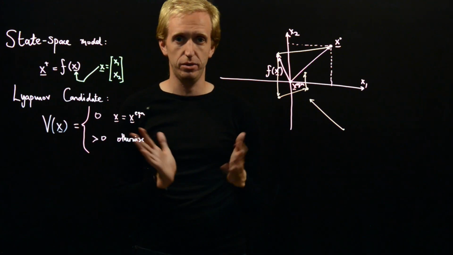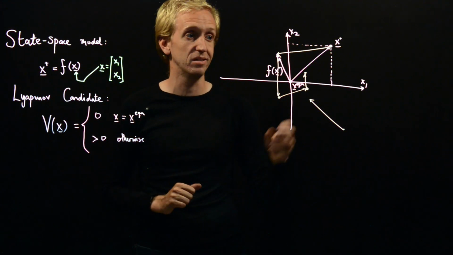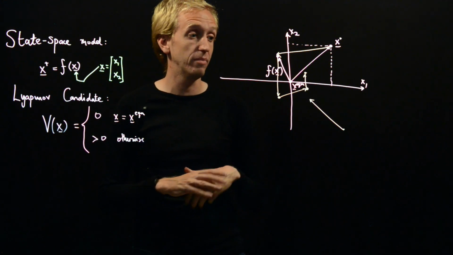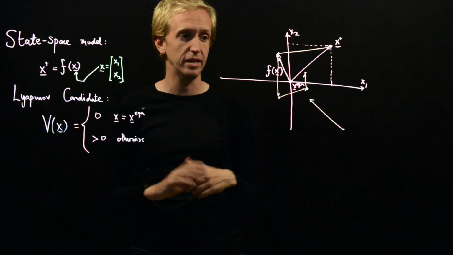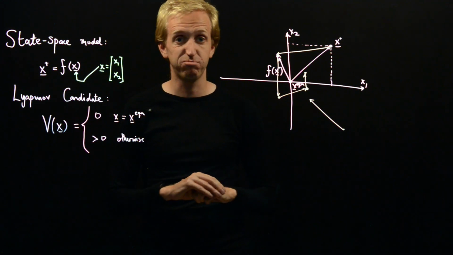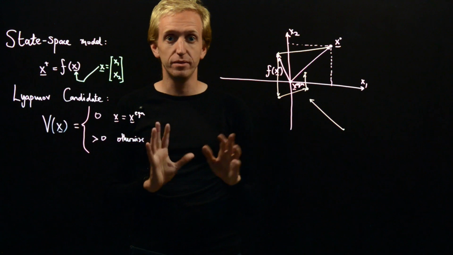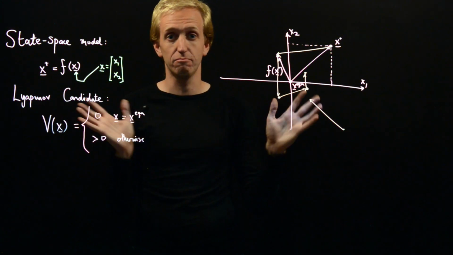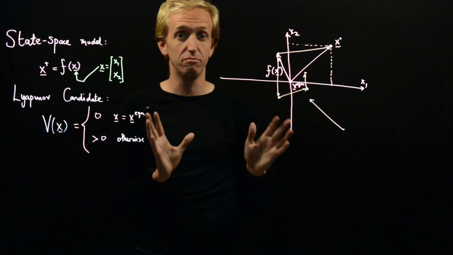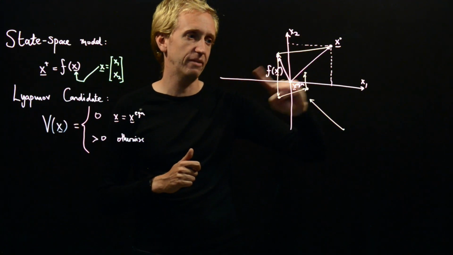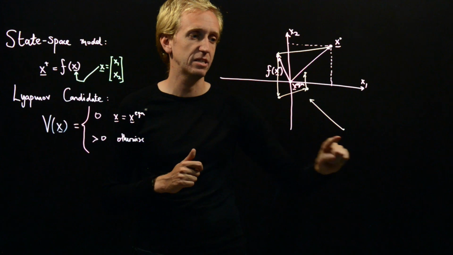And Lyapunov functions just offer a convenient way to describe this process of getting closer to or further away from an equilibrium point mathematically. They're based on what are called Lyapunov candidate functions, and these are special functions that satisfy a few properties. The first thing that you need to do to be called a Lyapunov candidate is you have to assign a number to every single point in the state space.